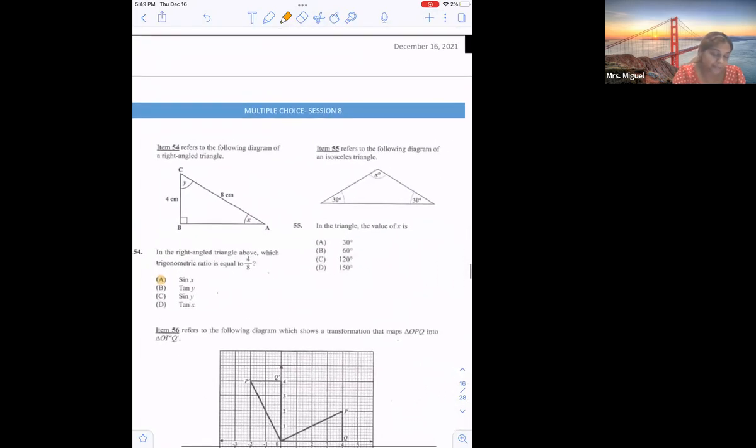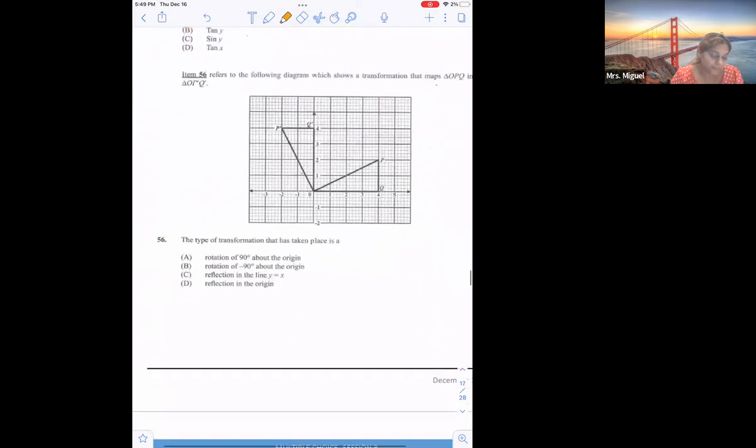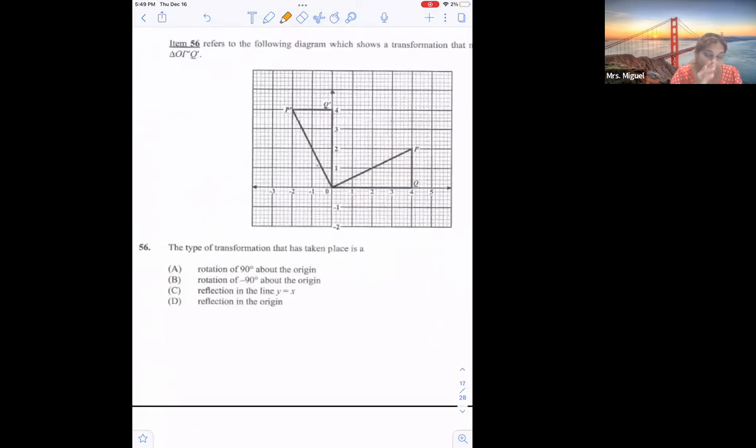59. If this is 30 and this is 30, that is 60. So here would be 120. The answer, C. The transformation that has taken place.